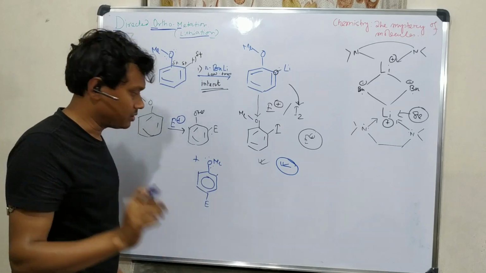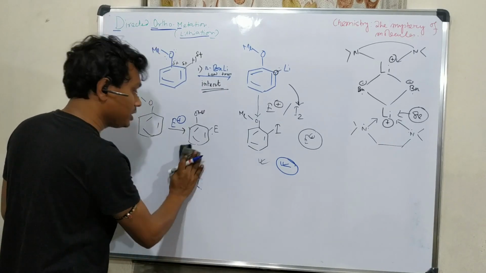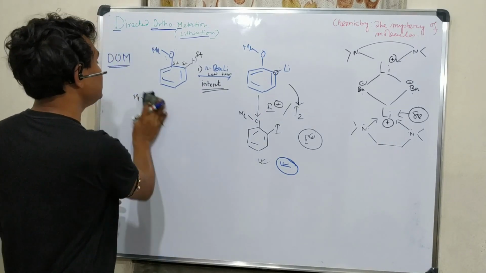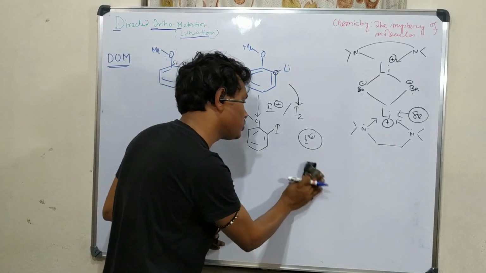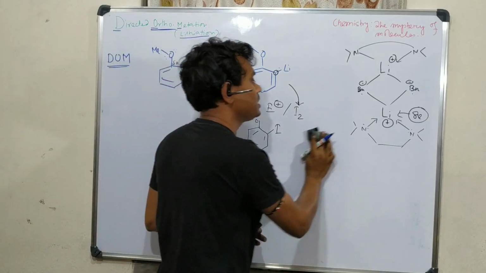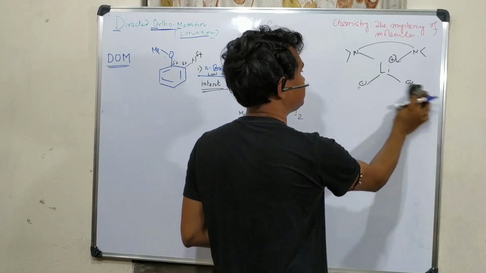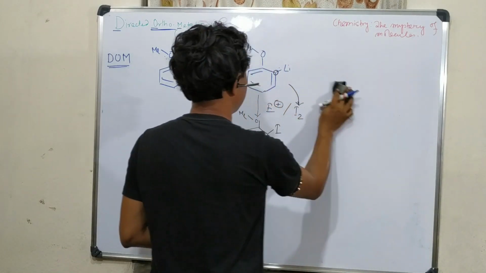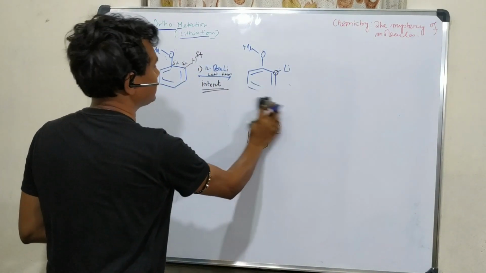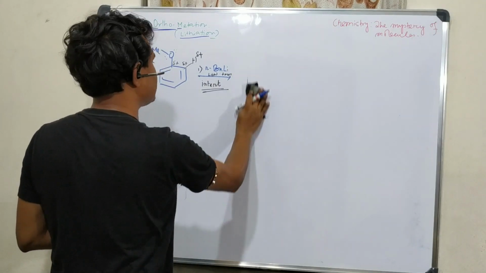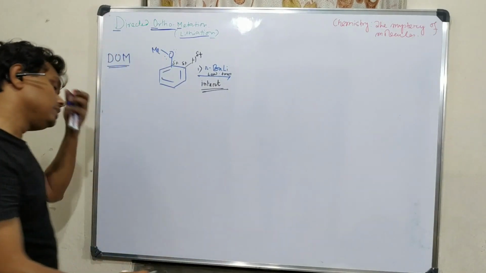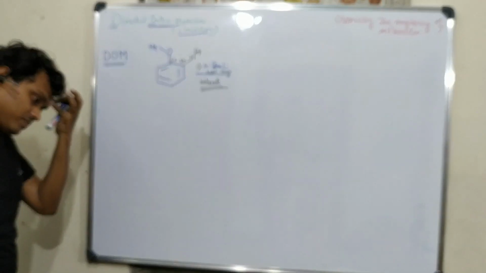That is the beauty of this reaction. So keep it in mind. This ortho-lithiation is ortho-selective, although aromatic electrophilic substitution is both ortho-para selective. Let's take another example, and then I guess this concept will be clearer.